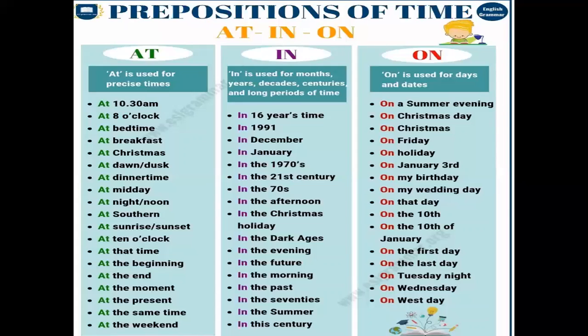Now even you can use from and to, like point at the beginning of time period and point at the end of a time period, like I work from morning to evening. So morning is the beginning of time period and evening is the end of the time period.